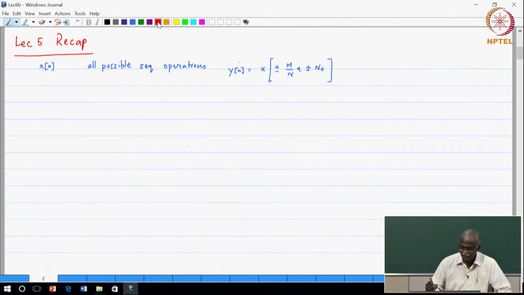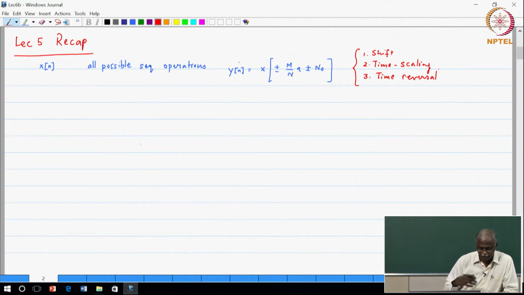As we mentioned in the last class, the preferred sequence of operations is first the shift operation, second the time scaling, and then the time reversal. We looked at a few examples of this. Again, we won't dwell much on that, assuming that it's a concept you are familiar with.